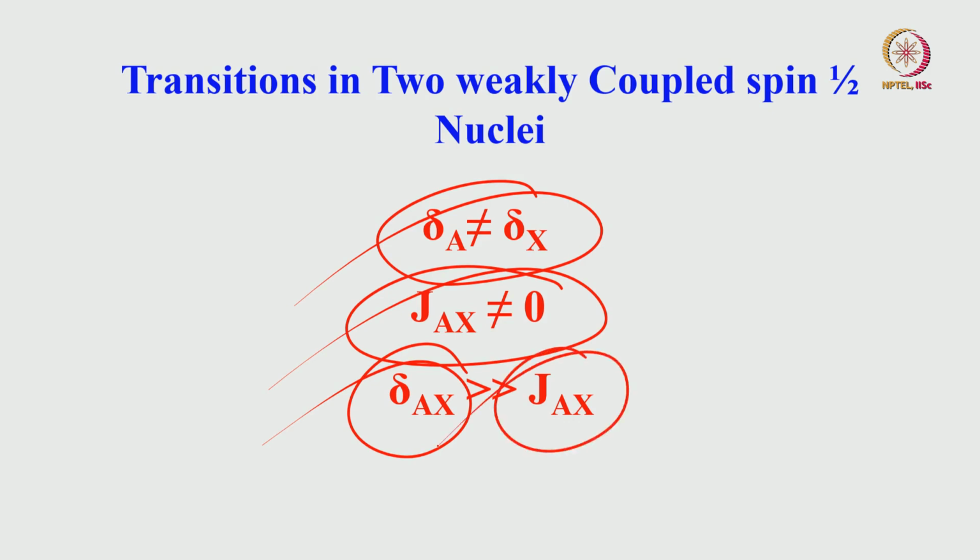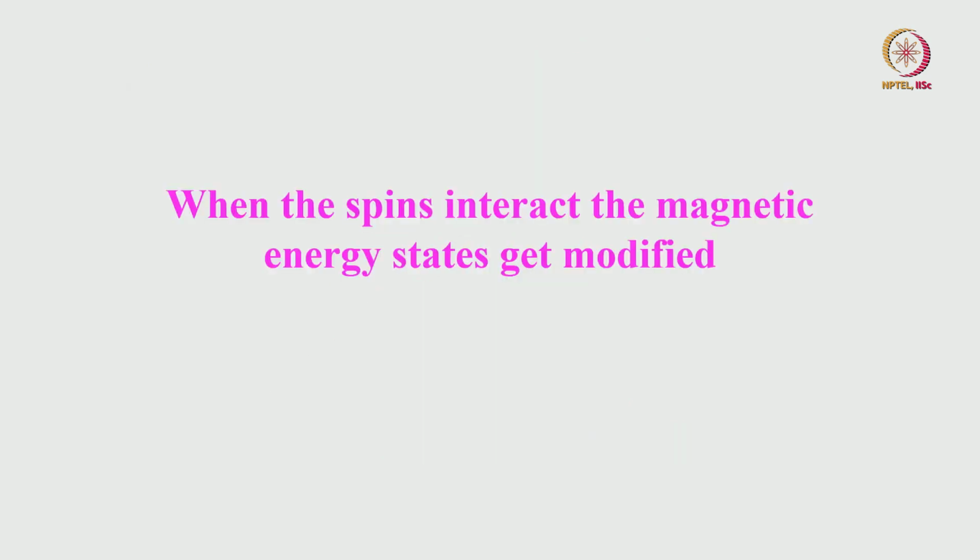Why did I assume? Because I consider weakly coupled. Remember the nomenclature which we discussed. So, 2 weakly coupled, the nomenclature is A and X. So, chemical shift separation between A and X is sufficiently larger than the coupling constant. That is a weakly coupled case, and I have considered the example of 2 weakly coupled spin half nuclei.